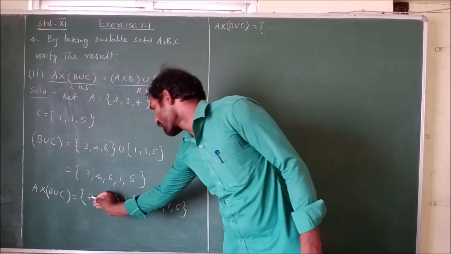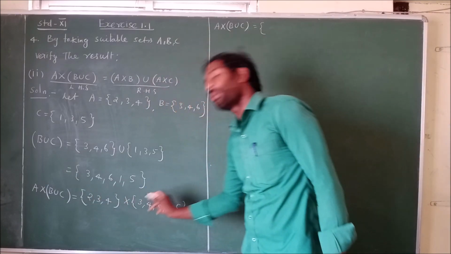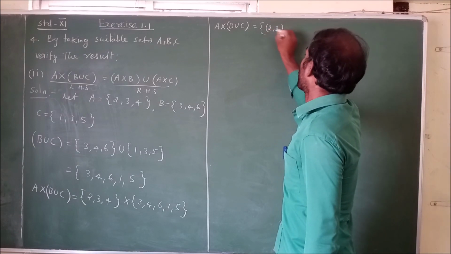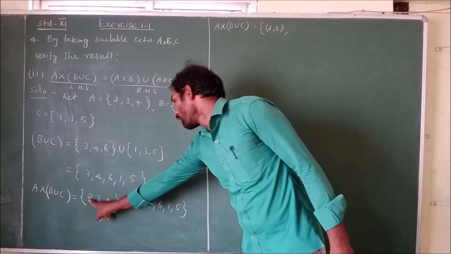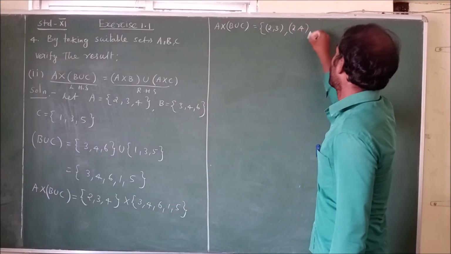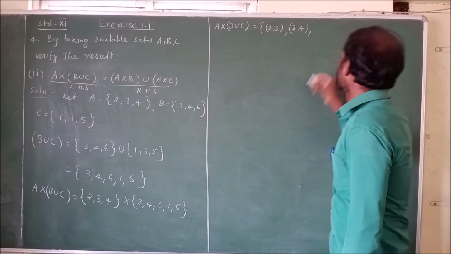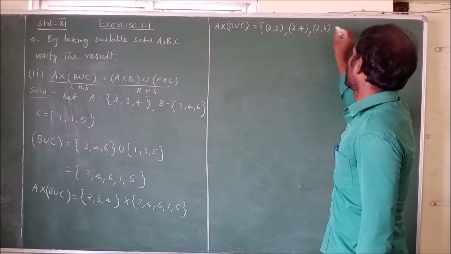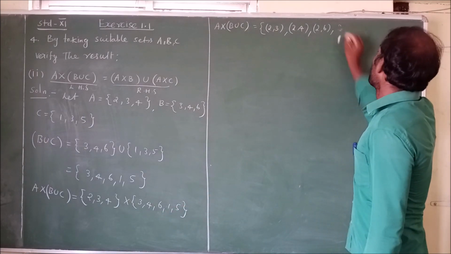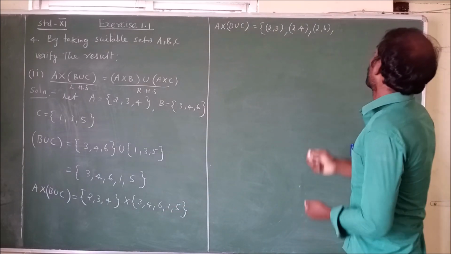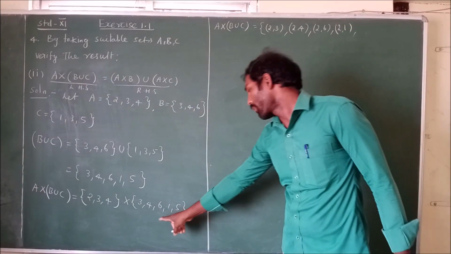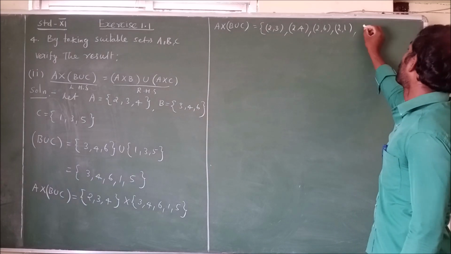So the first is the Cartesian product of 2 and 3. The first pair is 2, 3. The second one is 2, 4. The third one is 2, 6. The fourth one is 2, 1. The fifth one is 2, 5.